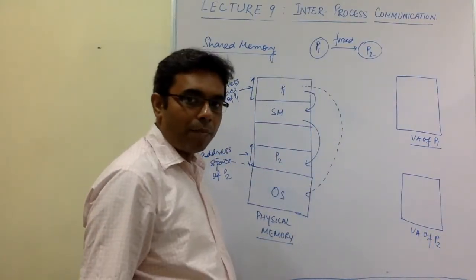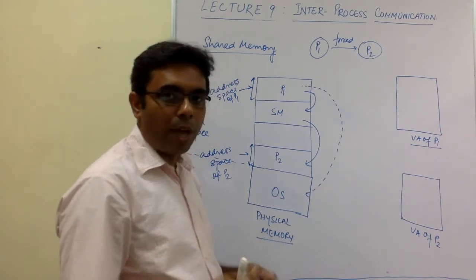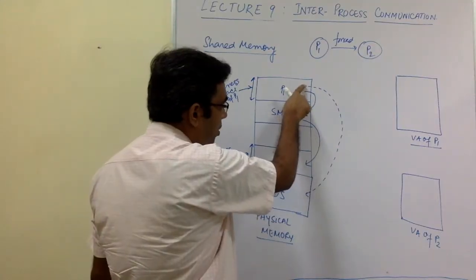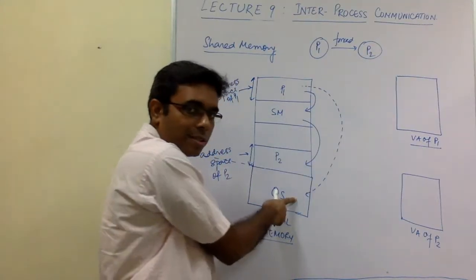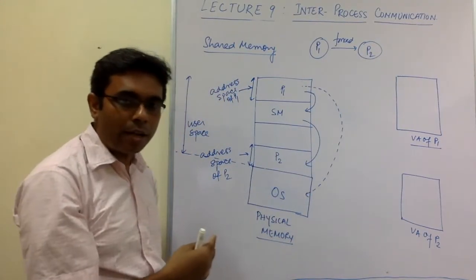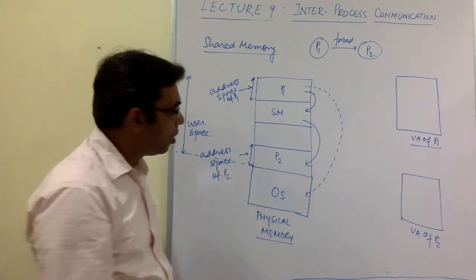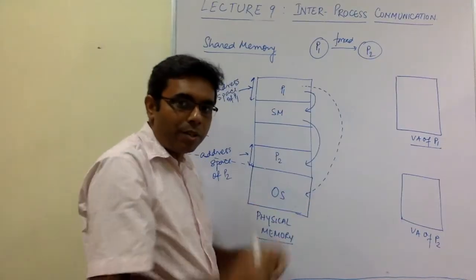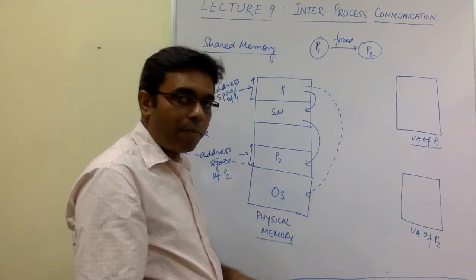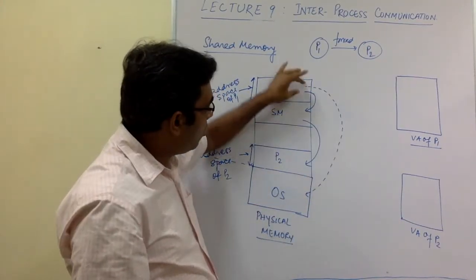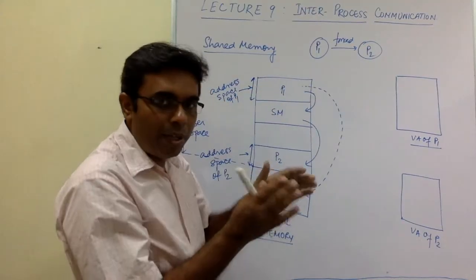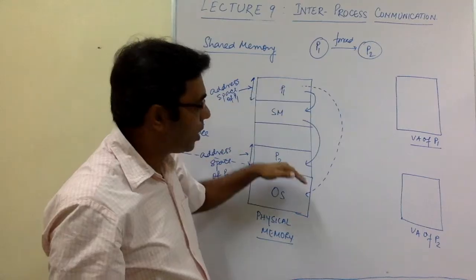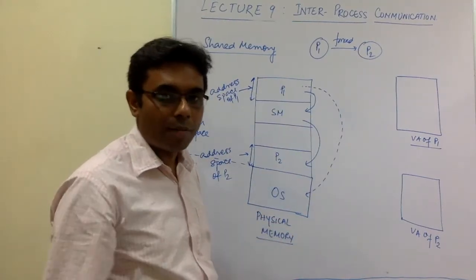So the concept behind the allocation of this is that when the process requests the operating system to provide such a shared memory segment, the OS provides a certain range of addresses, which is either predefined or the amount of memory a particular process, say in this case P1, is requesting to be treated as shared memory.